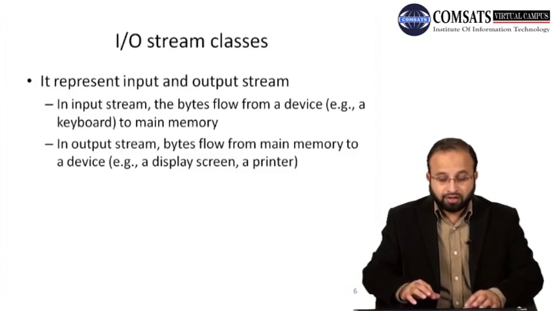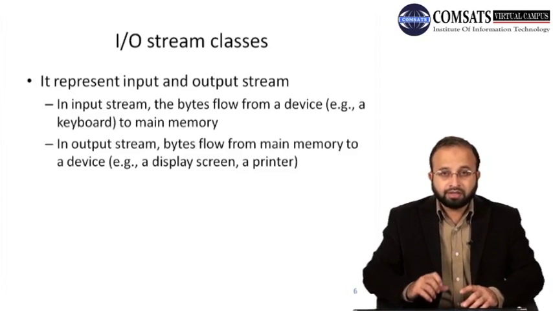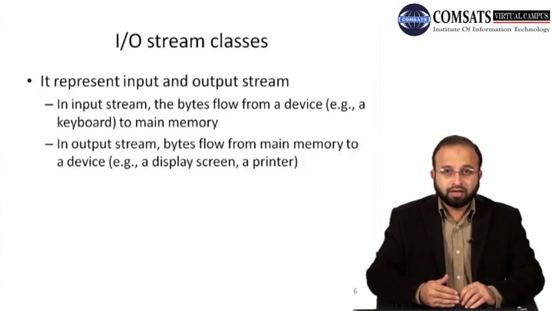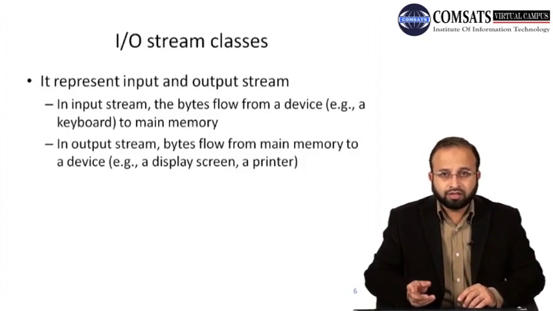That you write some instructions and then it picks some bytes from the RAM and sends it to the monitor or sends it to the printer, right? So it forms a stream that main memory से वो bytes move हो रही हैं screen के ऊपर या printer के ऊपर. That is a stream of data. इसी तरह से input stream है, so keyboard से bytes input हो रही हैं into and written in the main memory. So that is a stream of data, right?